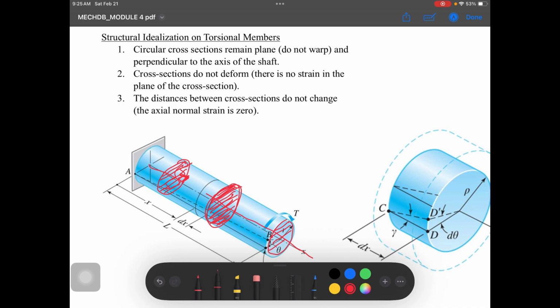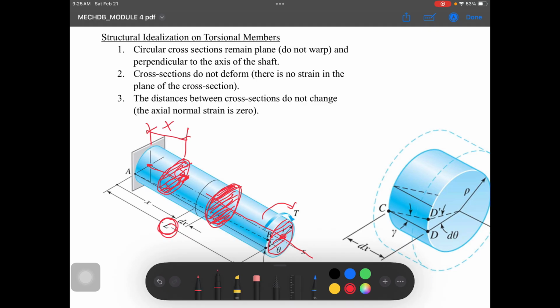So, ibig sabihin, if from point A to point B, L ang distance, kahit applyan mo yan ng load, it will remain na L yung distance nila. Kung ito, yung distance nito is X, kahit applyan mo ng load, X pa din yung distance between nila.